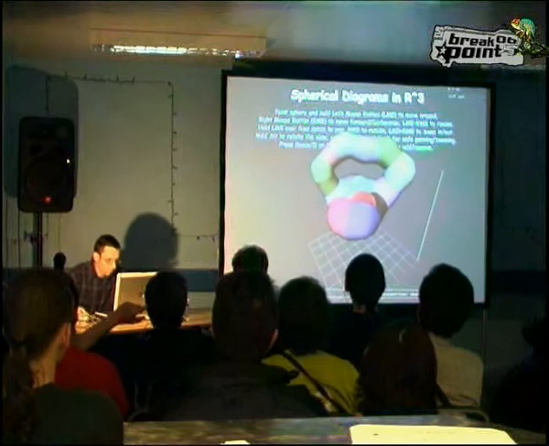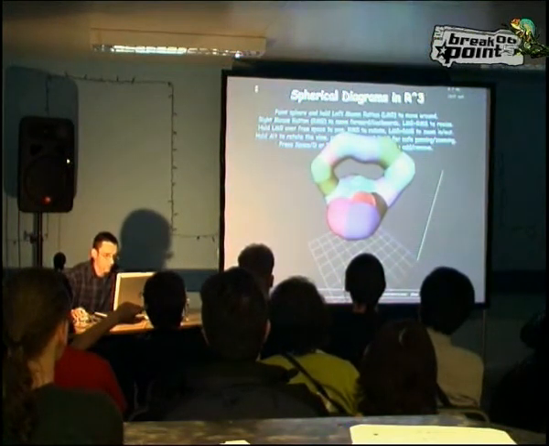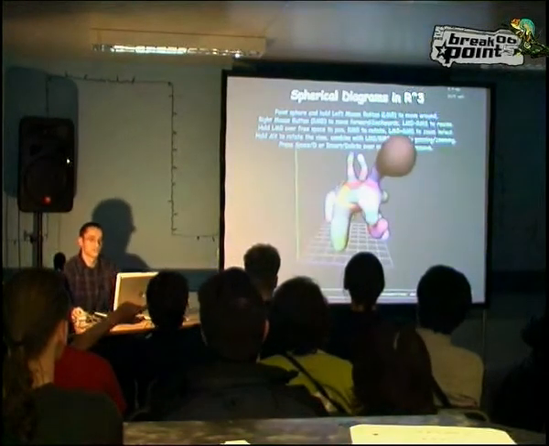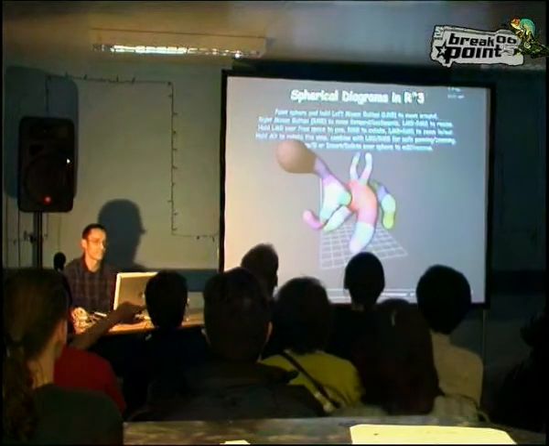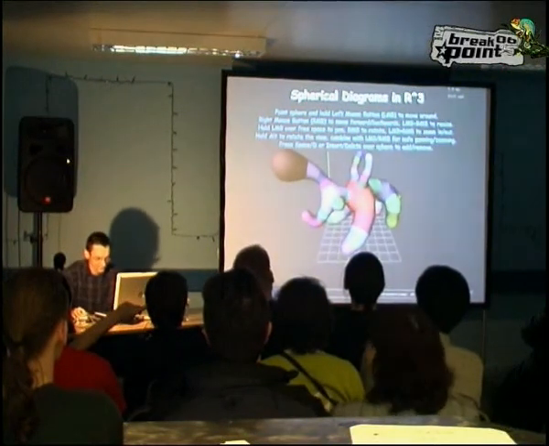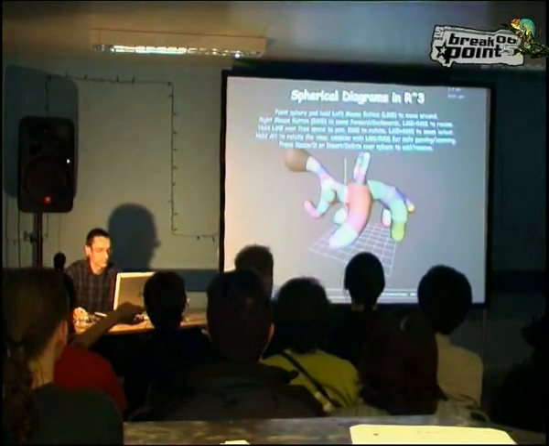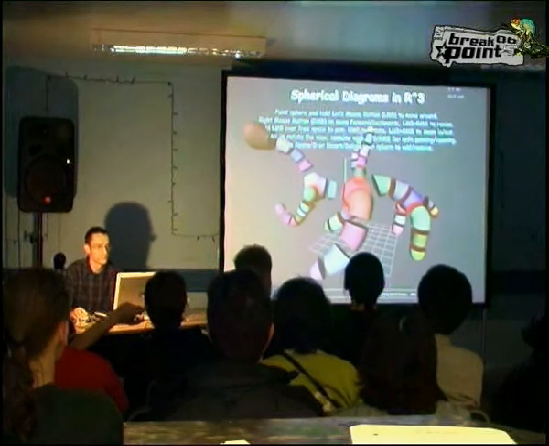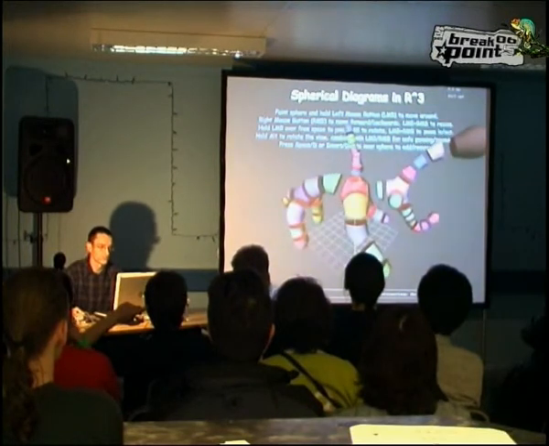I can show you a simple, let's say, creature. We don't know if it's a creature, it's just a set of spheres for me. But the point is, this creature is actually made from cells. You can see the actual diagram between cells.